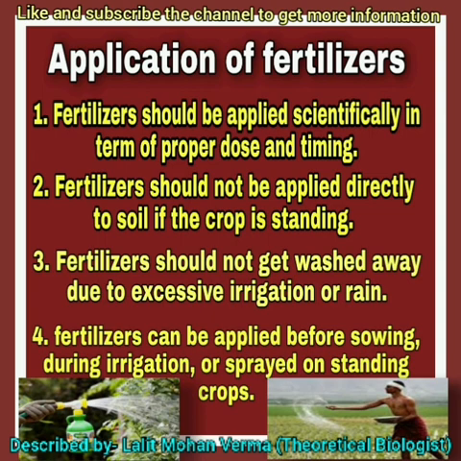Third, fertilizer should not get washed away due to excessive irrigation or rain. Fourth, fertilizers can be applied before sowing, during irrigation, or sprayed on standing crops. Just look at the picture on your screen.